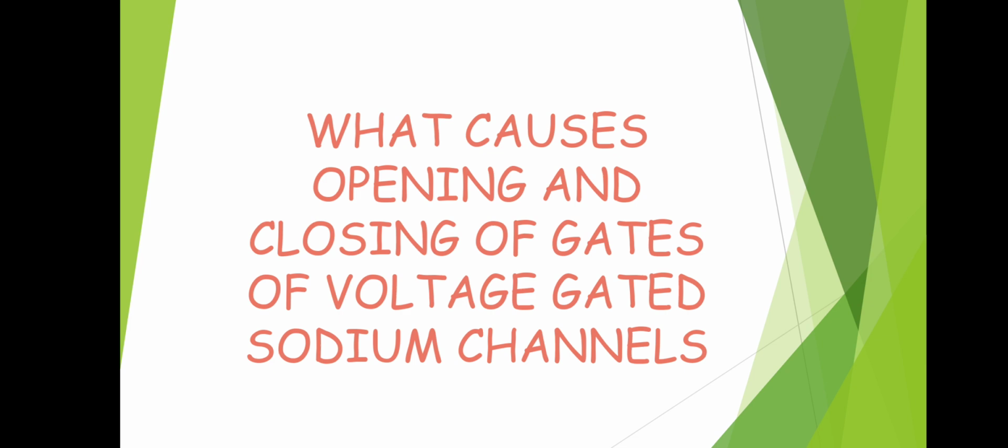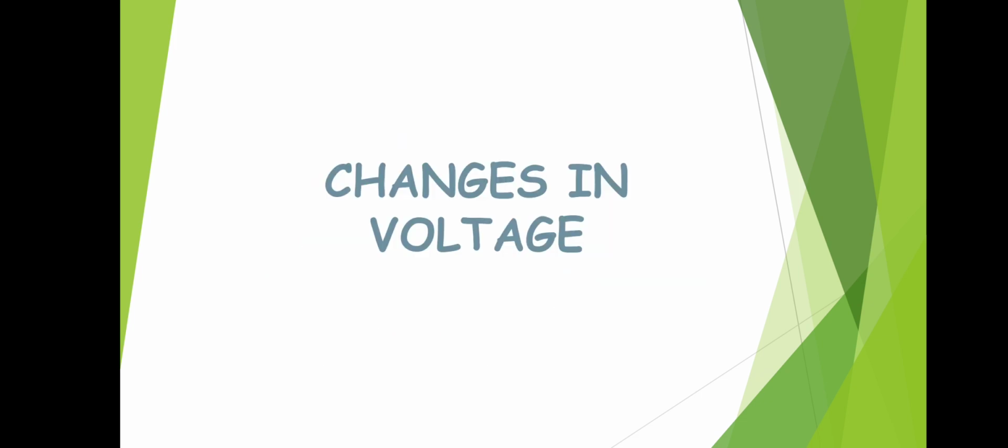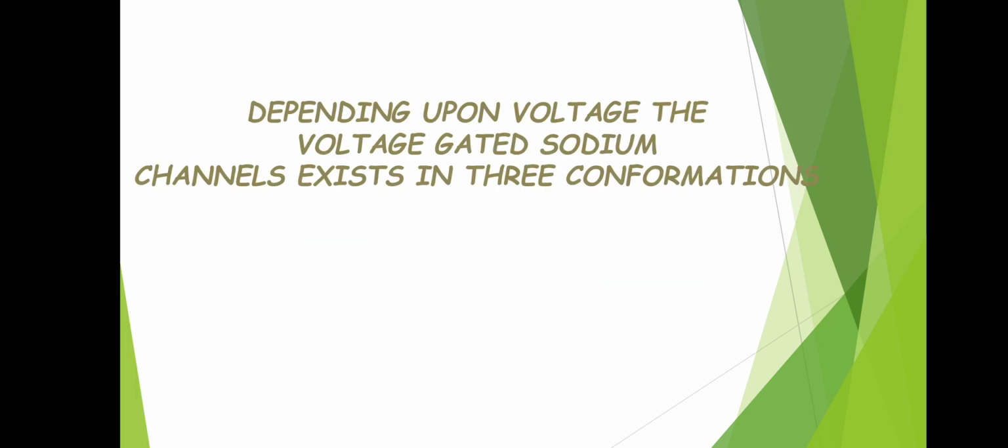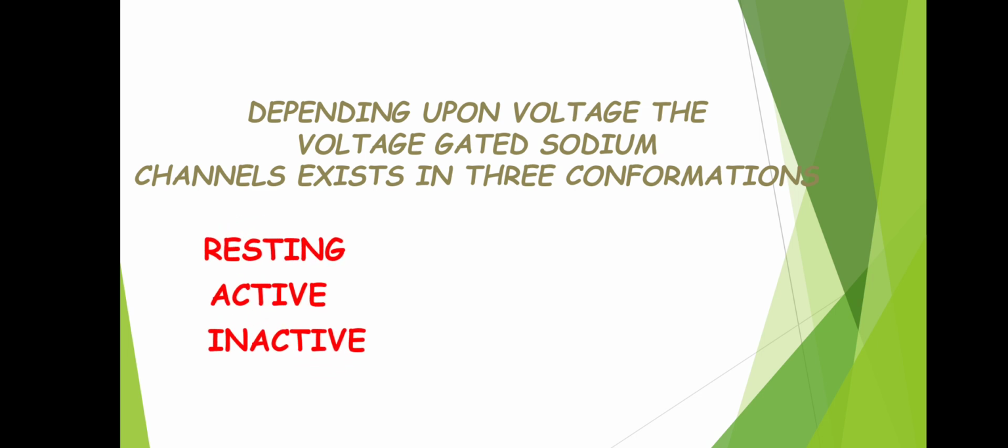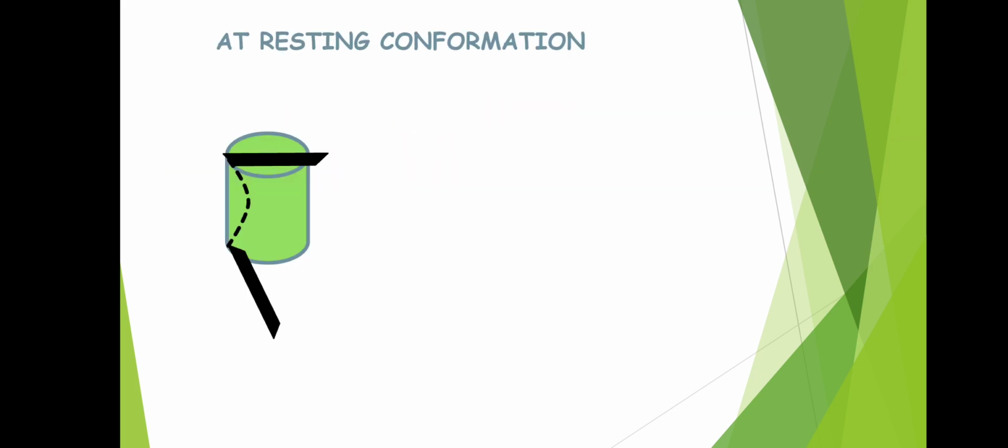Now what causes opening and closing of the gates of the voltage gated sodium channels? That is changes in voltage. Depending upon voltage, the voltage gated sodium channels exist in three conformations. They are resting conformation, active conformation and inactive conformation.